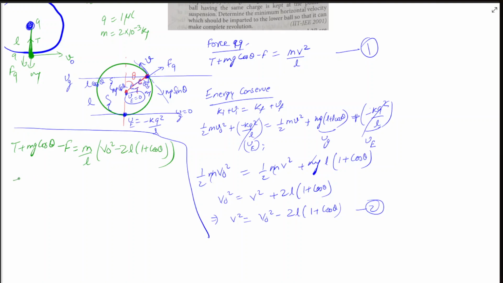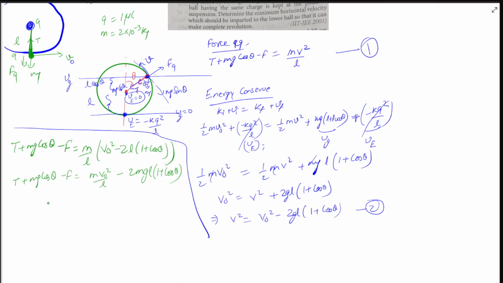Let's simplify a little bit. T plus mg cos theta minus F will be equal to m v naught square by L minus 2mg(1 plus cos theta). G will also be there, right? Yes, g was here. Perfect.